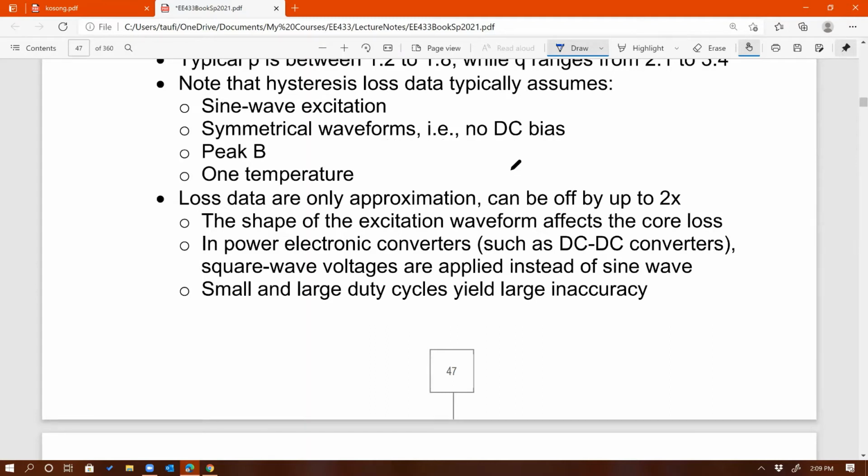It's not just sine wave. All these funky looking waveforms. So imagine you are using data based on sine wave, but then you are applying different types of waveforms. Then of course the data is going to be off. But I think it still serves a good purpose of approximating the loss.